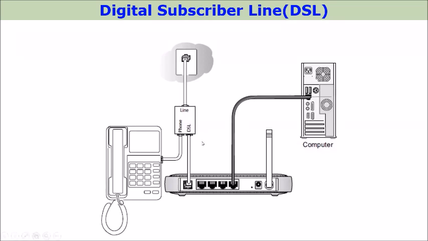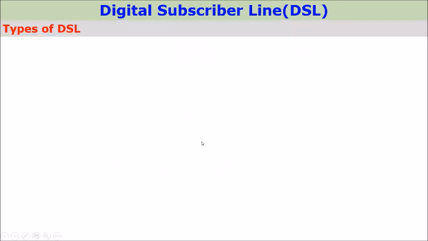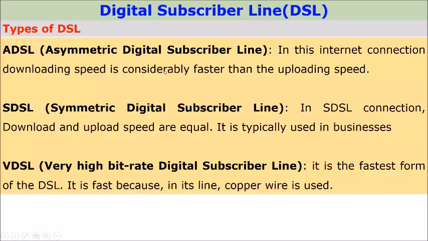Mainly three types are available. Types of DSL under digital subscriber line. Here you can see the available types. The first one is ADSL, asymmetric digital subscriber line.